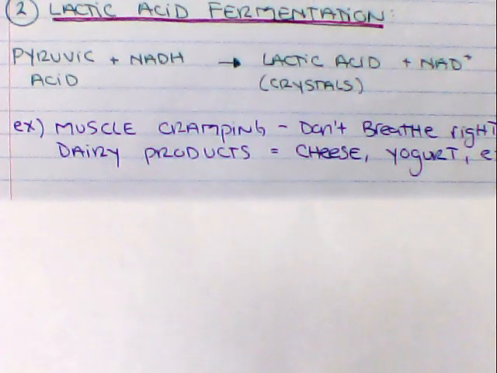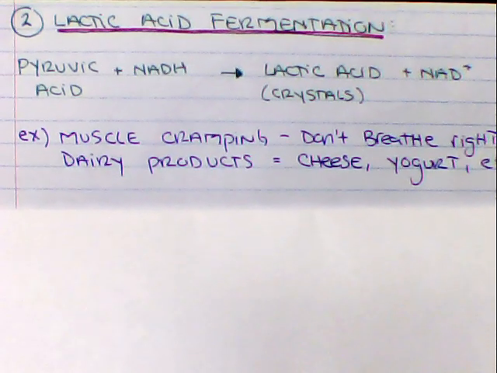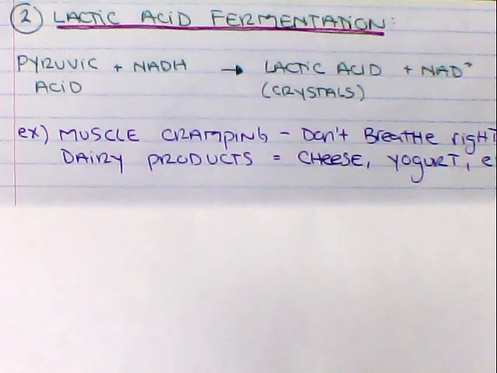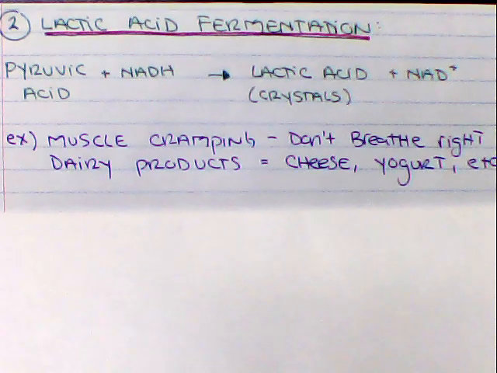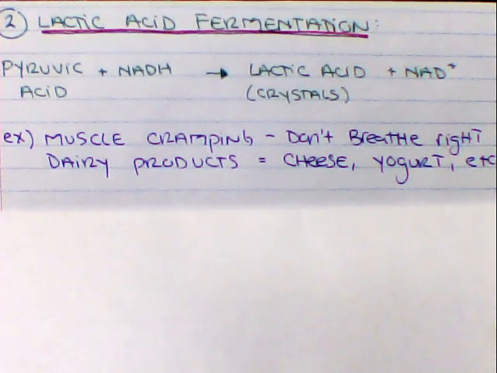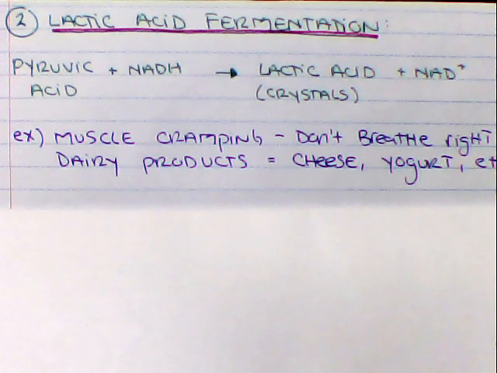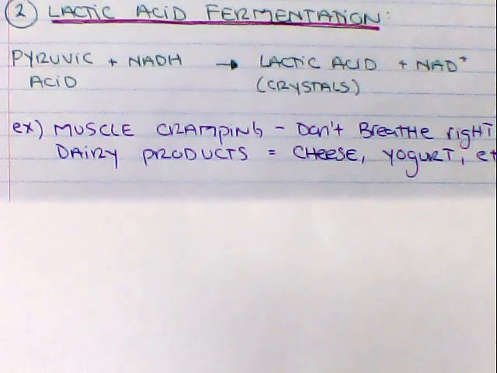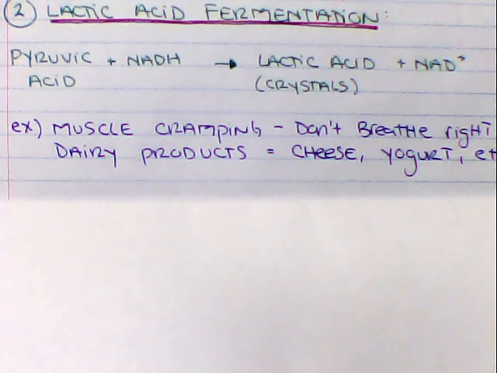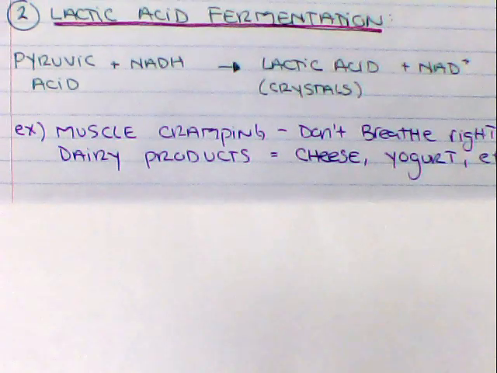And so again, we get a little bit of energy, but not as much as we would like. Lactic acid happens in your muscles, so it's a type of protein. So if you don't breathe right, you're going to get those crystals. If we take lactic acid and stick it inside, say, milk or cheese, we can actually end up making dairy products such as yogurt.